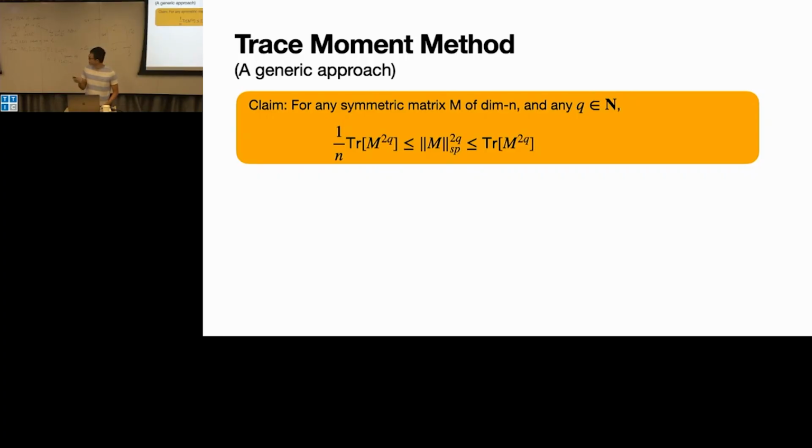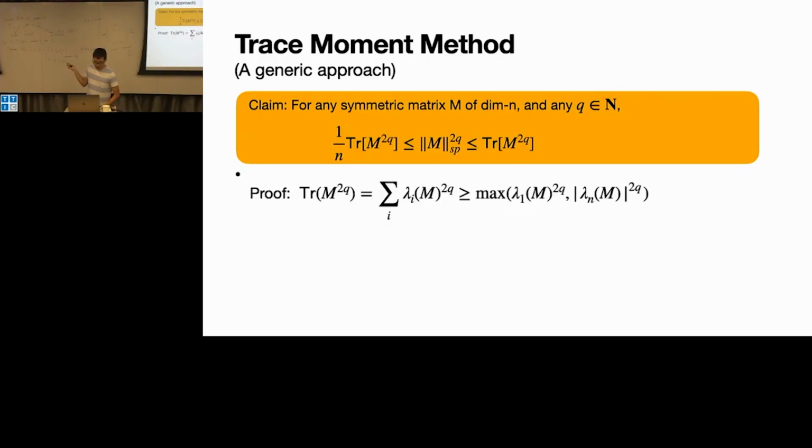Here's the proof. The trace of a matrix raised to the power 2q can be rewritten as the sum of the eigenvalues raised to the power 2q. Now this is a PSD matrix with eigenvalues given by lambda_i raised to the power 2q, and you can easily lower bound it by the 2q-th power of the largest magnitude.